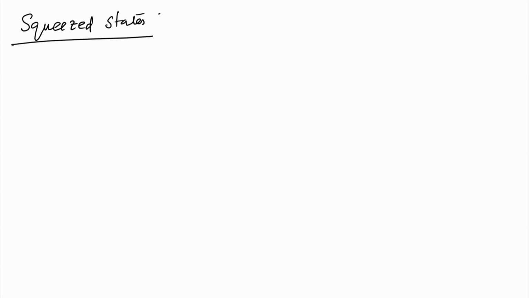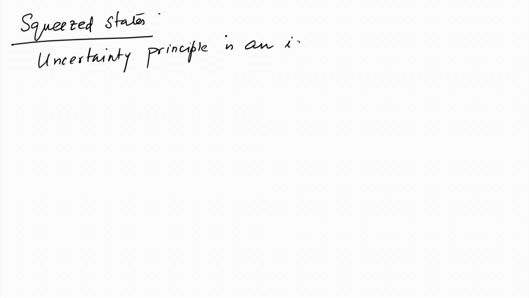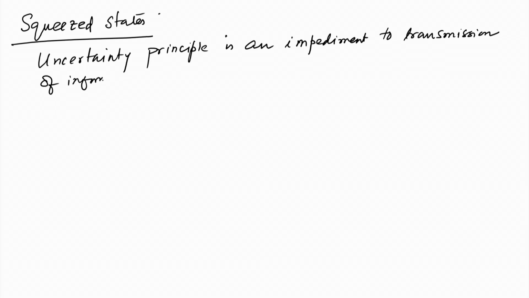So, just to summarize, the uncertainty principle is an impediment to transmission of information by optical means.